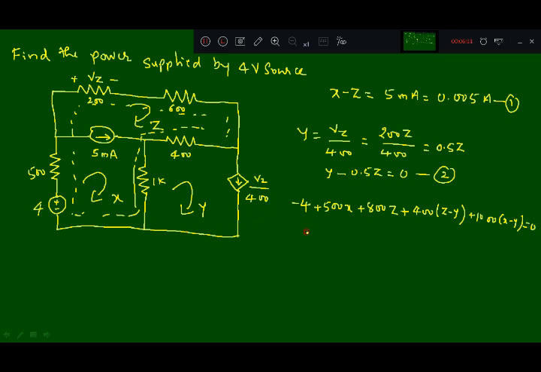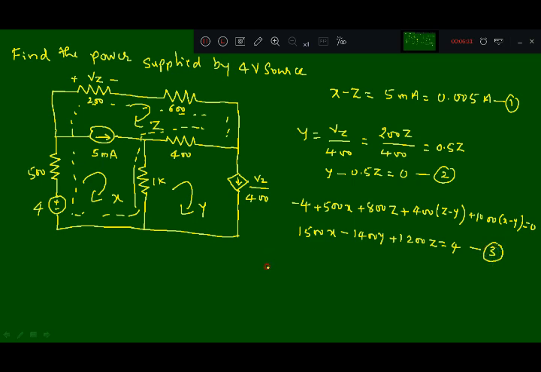So this will reduce to 1500x minus 1400y plus 1200z is equal to 4. This is equation number 3.